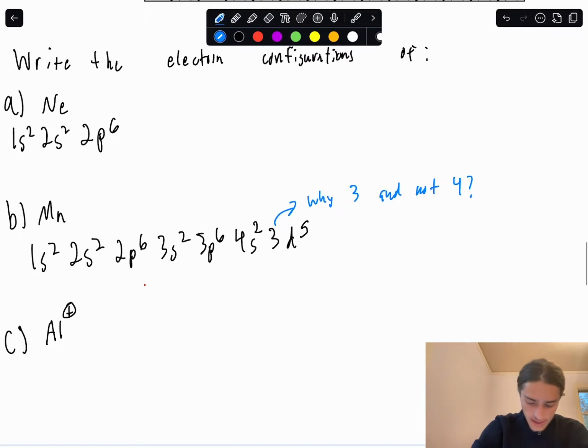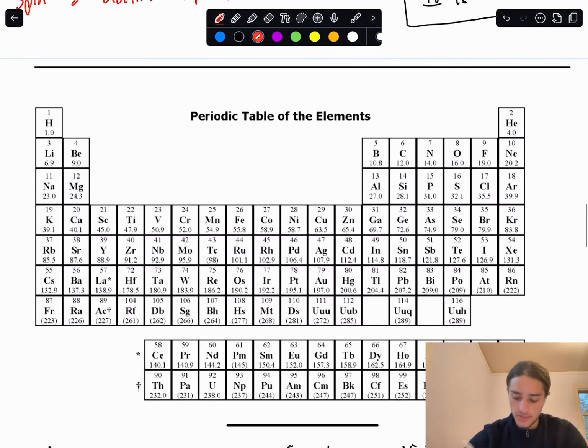For this example, we've got an ion. Actually, we've got a cation, which means that the aluminum is positive, and therefore it must be missing an electron. I know that because aluminum is right here on the periodic table and has 13 protons because that's its atomic number. Normally it would have 13 electrons because that would make it neutral.